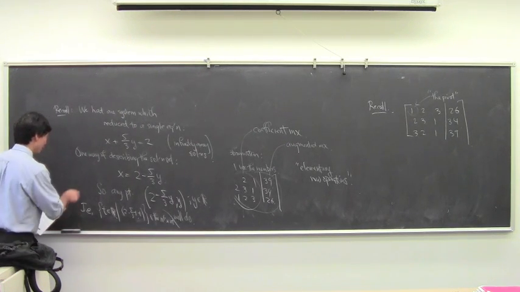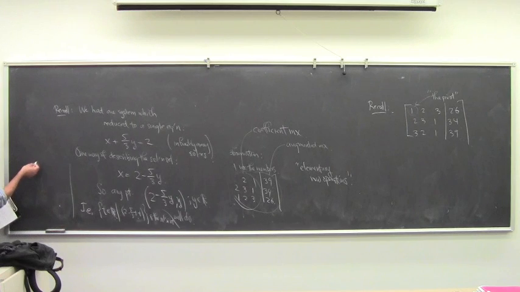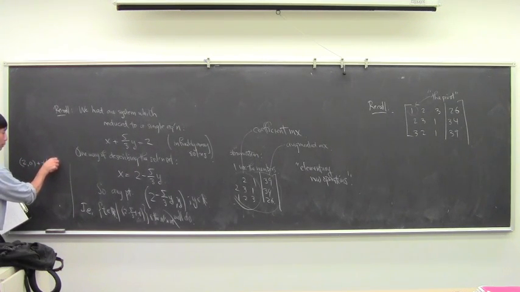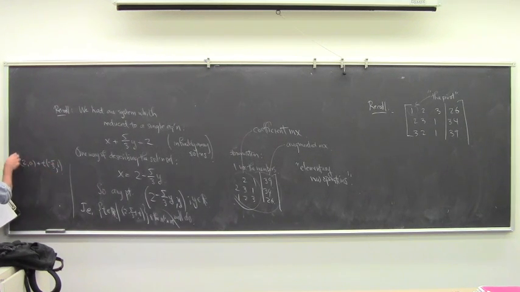I wasn't thinking to do this, but you could even make it a little simpler. You could say (2, 0) plus t times (-5/3, 1), as t ranges over the numbers.